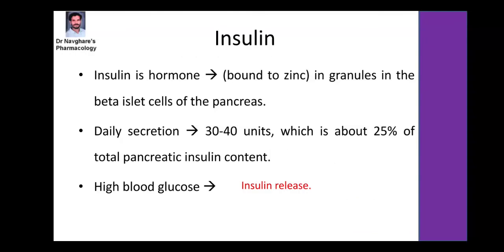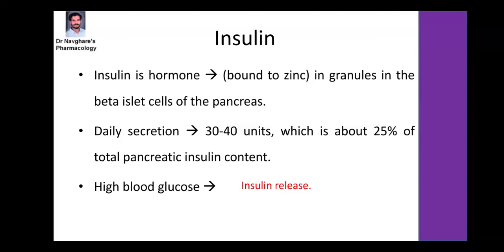So, diabetes. The basic treatment for diabetes starts with insulin therapy. In case of type 1 diabetes mellitus, insulin is a hormone released from pancreatic beta cells and it is bound with a zinc molecule.